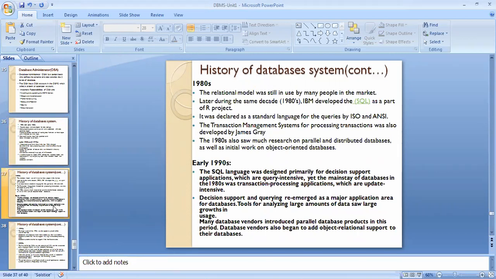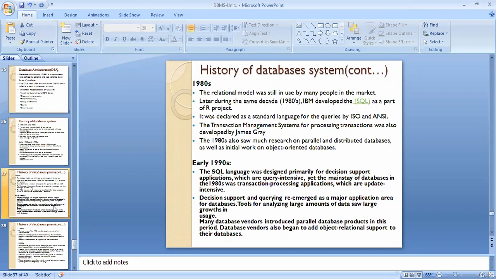Now, in 1980, the relational model was still in use by many people in the market. Later, during the same decade, in the 80s only, IBM developed SQL as a part of the System R project.